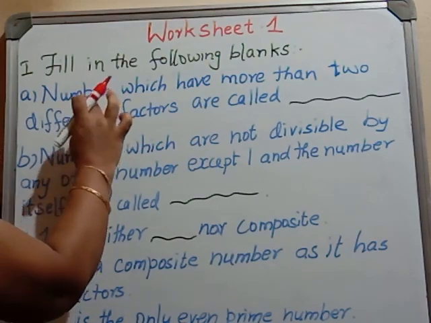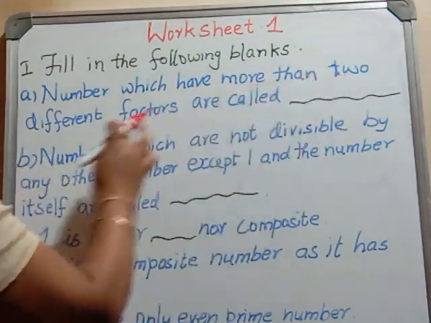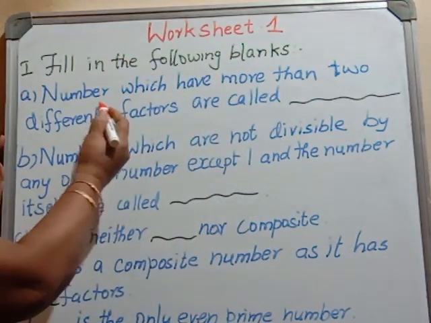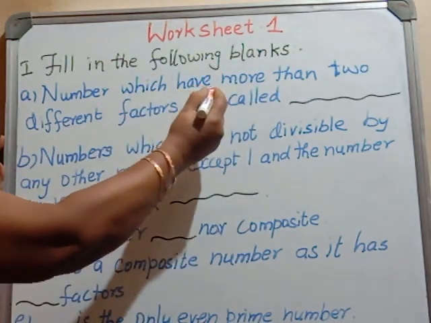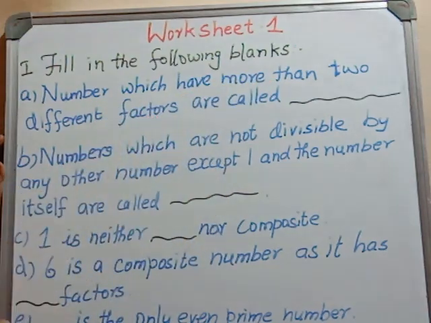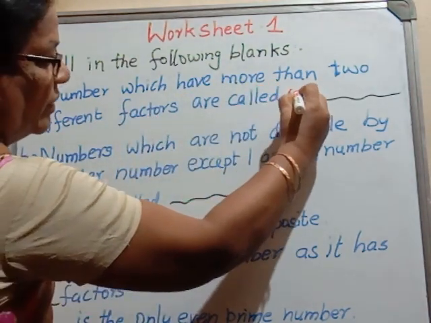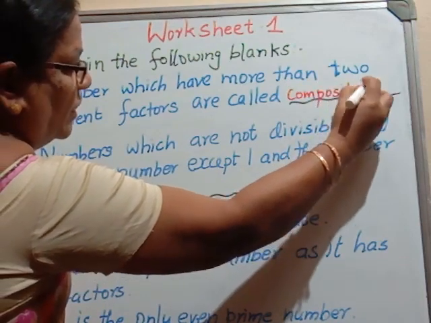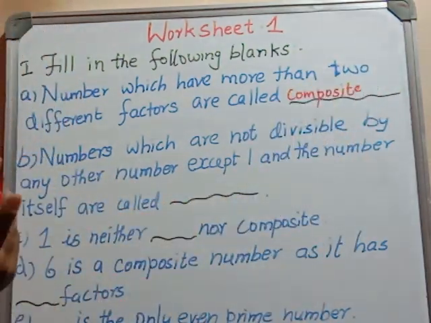First one, numbers which have more than 2 different factors are called what? Composite. Or you can write composite number also.